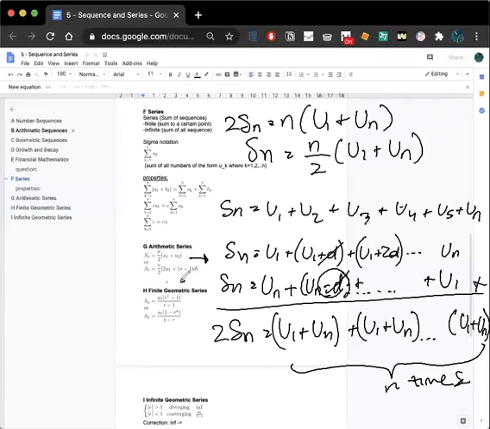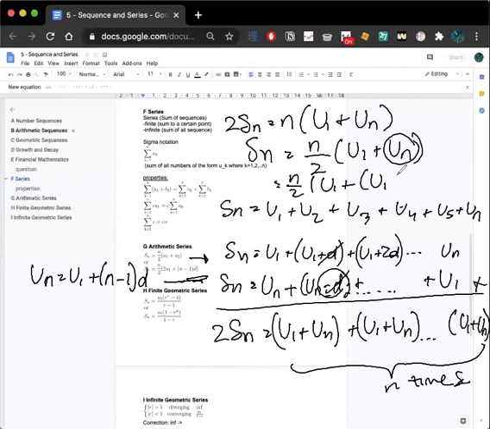For the formula underneath, it comes from substituting un as u1 plus (n minus 1) times d. If you substitute this, it becomes n over 2 times (u1 plus u1 plus (n minus 1) times d), which is n over 2 times (2u1 plus (n minus 1) times d).